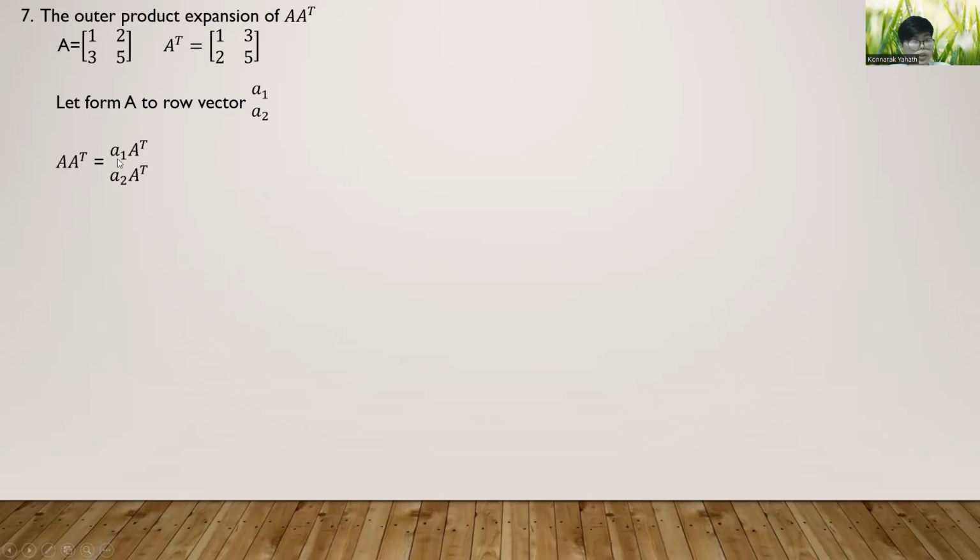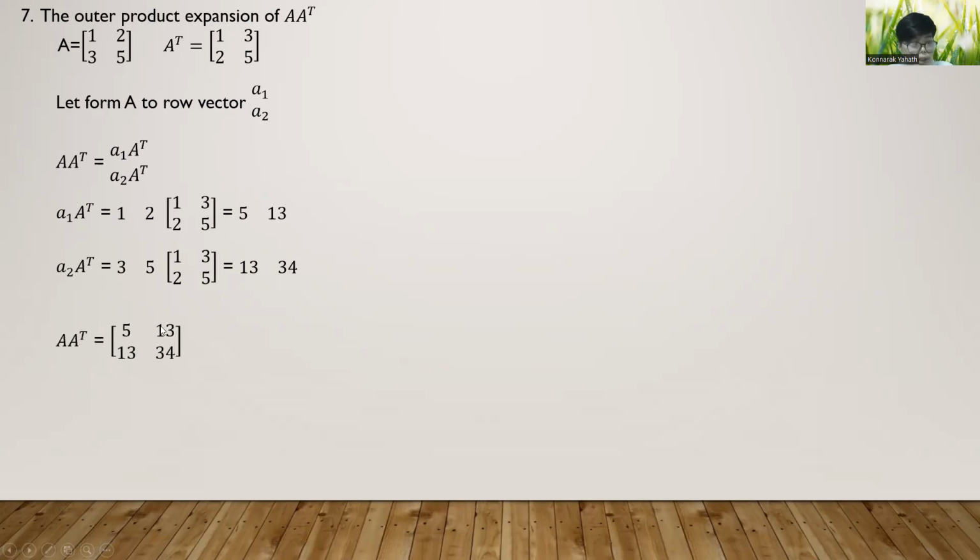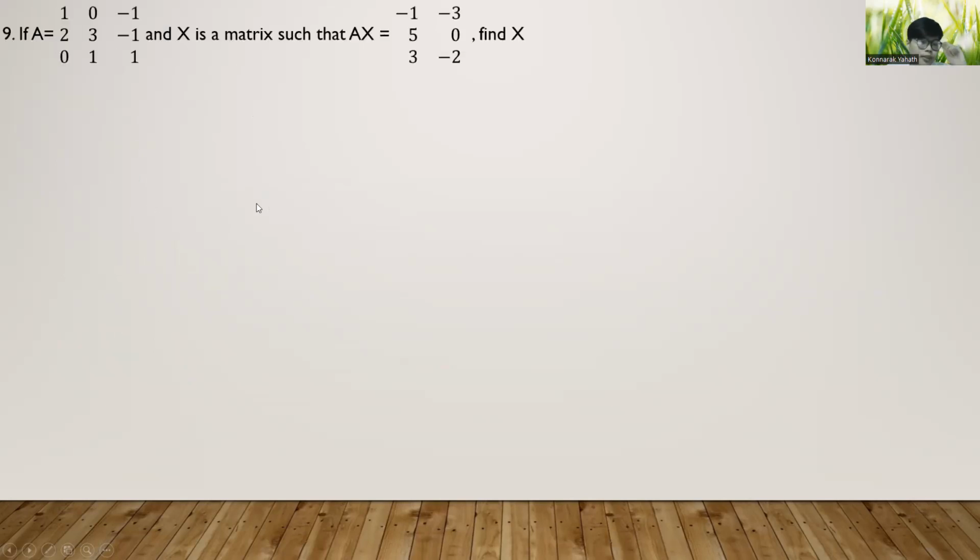So now let's do the outer products. A1 times AT is equal to 5 and 13. And A2 times AT is equal to 13 and 34. So the final answer of A times AT is 5, 13, 13, and 34. Problem 9.